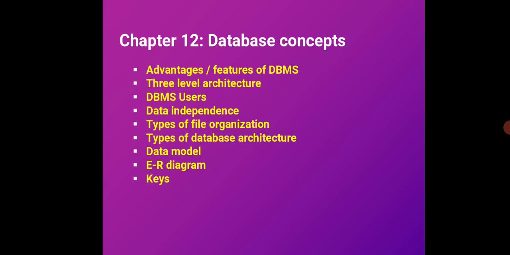Next is types of file organization. Here are 4 types of file organization: serial file organization, sequential file organization, direct or random file organization, and indexed sequential file organization.